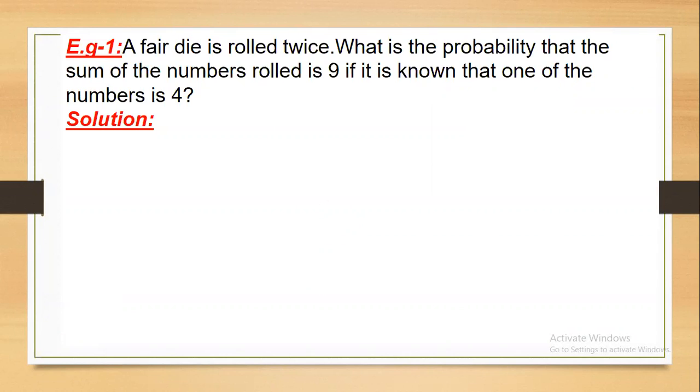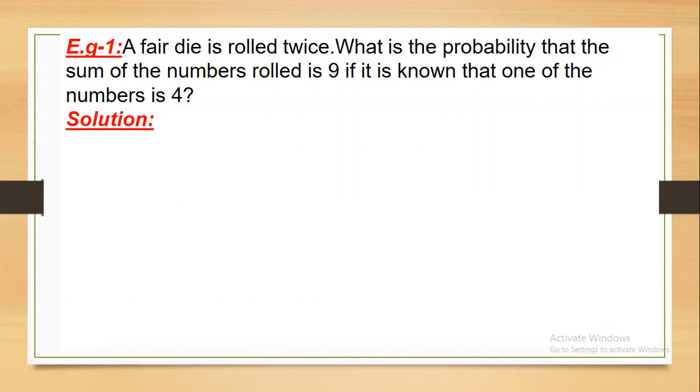And here, example given. A fair die is rolled twice. What's the probability that the sum of the numbers rolled is 9 if it is known that one of the numbers is 4? Okay, you can see easily there are here two events.